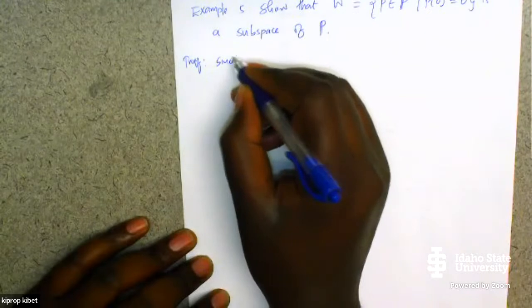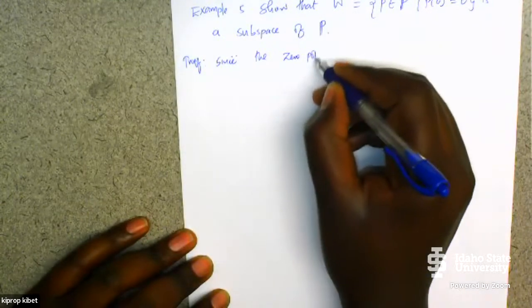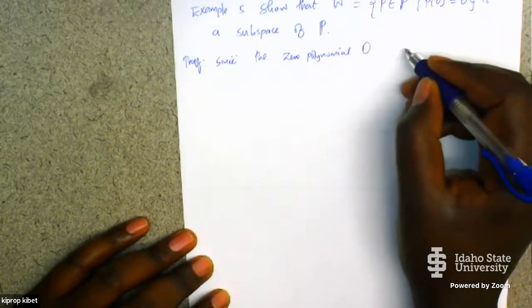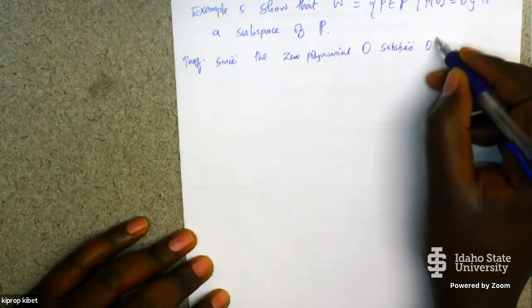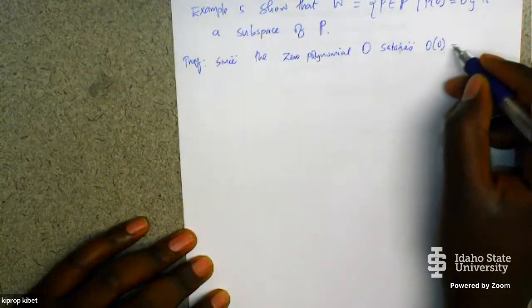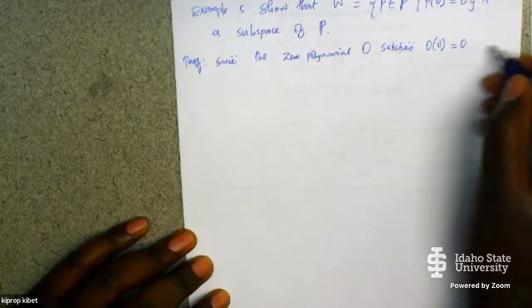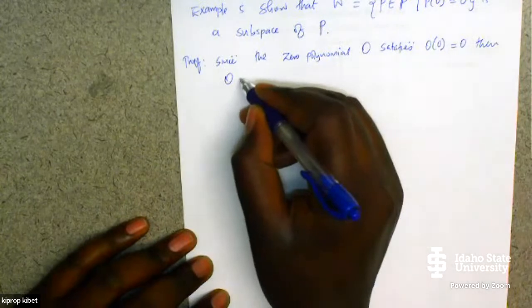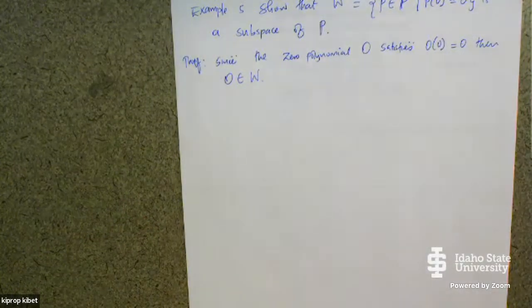Since the zero polynomial, which you can write as the capital 0, satisfies 0 of 0 equals 0, then the 0 is an element of W.